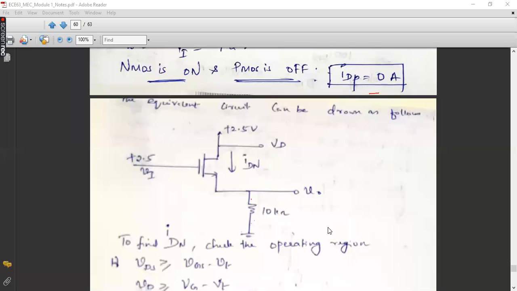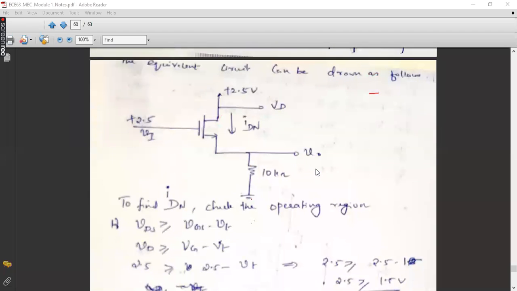So now you need to find IDN. With our previous experience, we all know that whenever we are asked to find the drain current of a MOSFET, first we have to check whether it lies in the saturation region or triode region. Only based upon that, we will take the corresponding equations and solve.